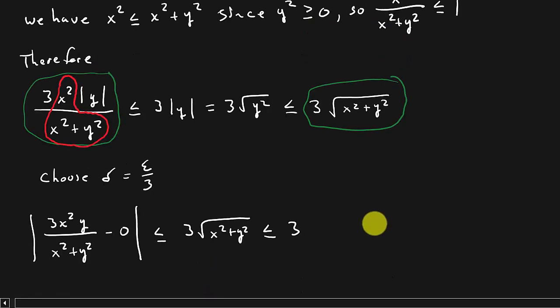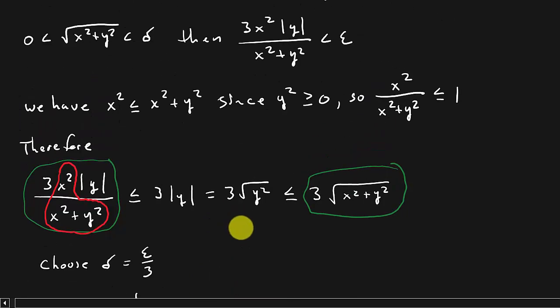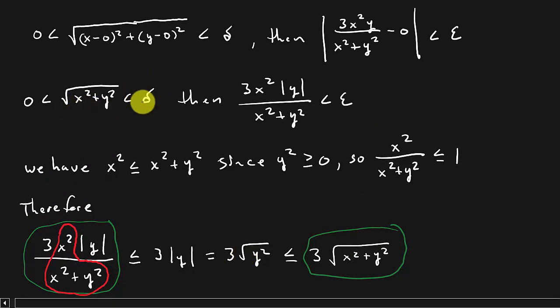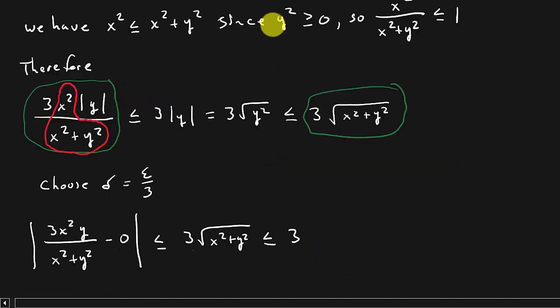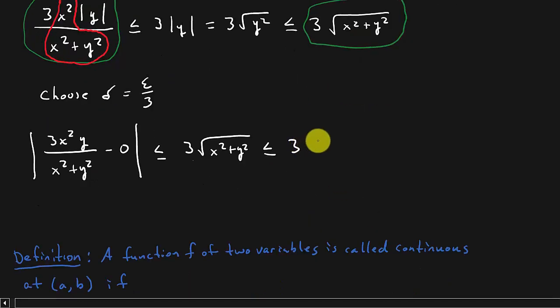Well, let's look at this. So we've got the 3 and the 3. Those are the same. What is this less than or equal to? It's less than or equal to delta. You see that? So that's less than or equal to 3 times delta, and what did we choose delta to be? Epsilon over 3, which equals epsilon.